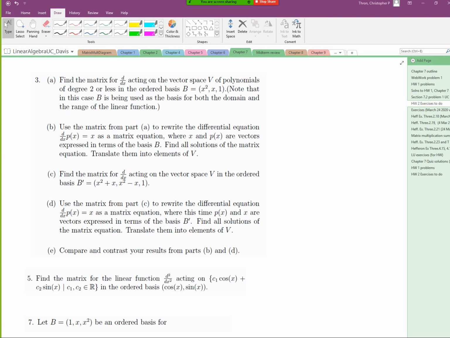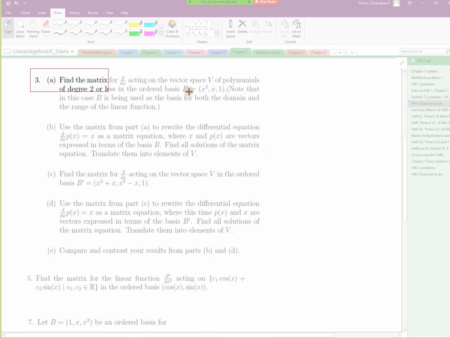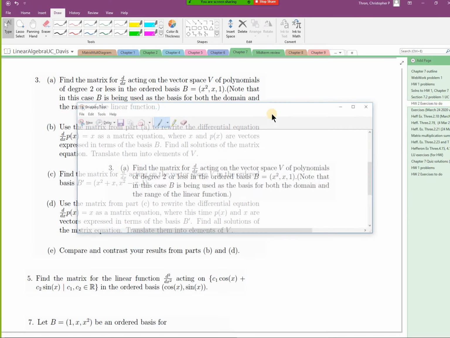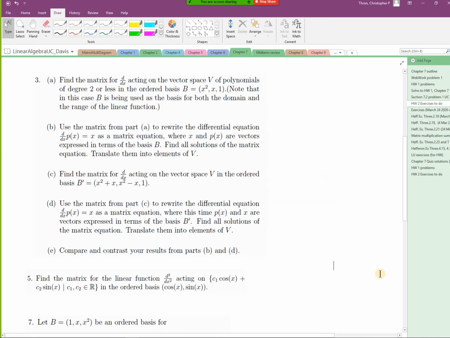Well, almost. But here, let me just snip this and paste it. I want to do this one at a time. Okay, so let's see if I copy it and paste it down here. It should be fine.